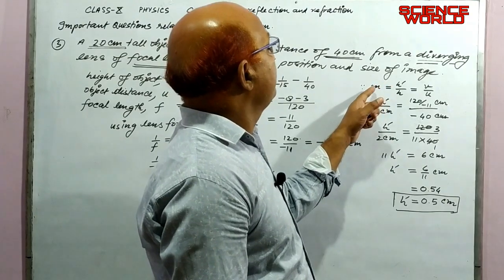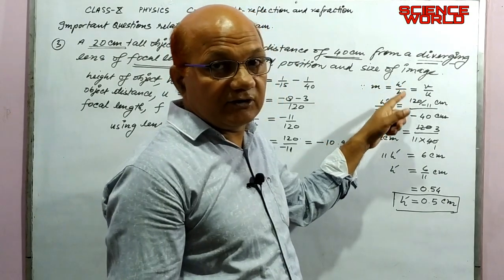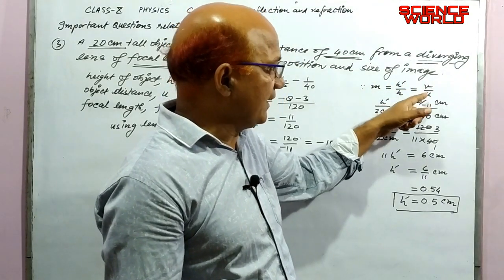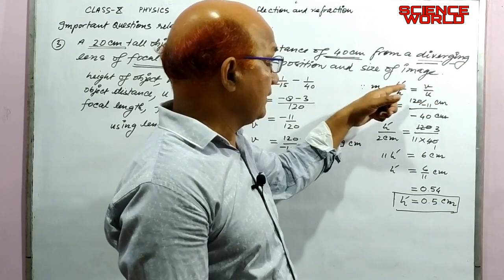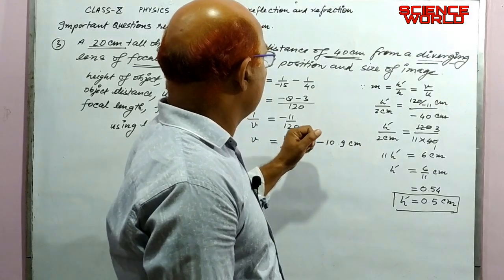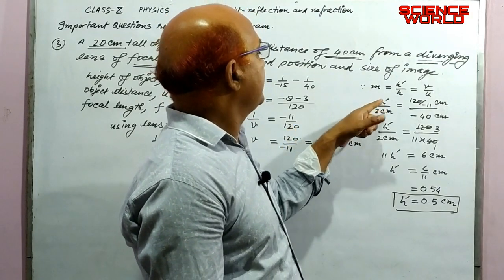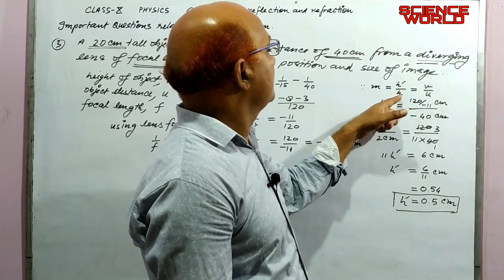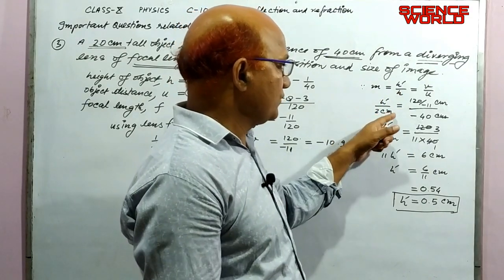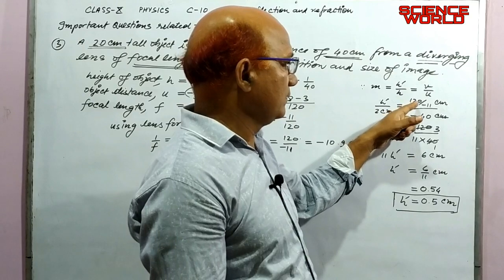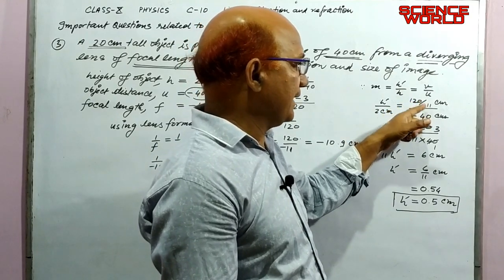Since magnification m equal to h dash by h, this is equal to v by u. It is magnification formula for lens. h dash upon h. h means height of object. It is 2 centimeter. This is equal to 120 by minus 11.